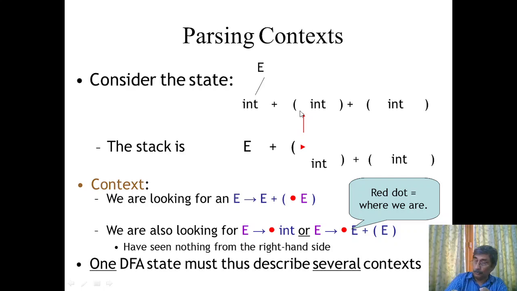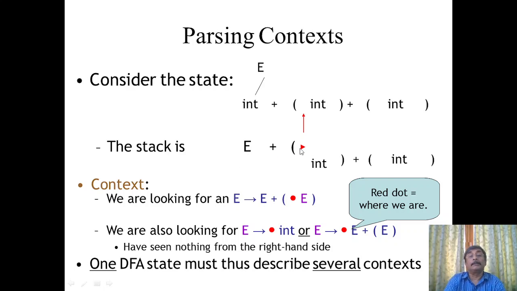At that point, the stack contains E plus opening parenthesis, and the remaining part of the string is int closing parenthesis plus opening parenthesis int closing parenthesis.